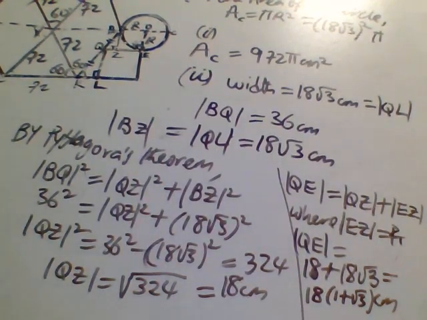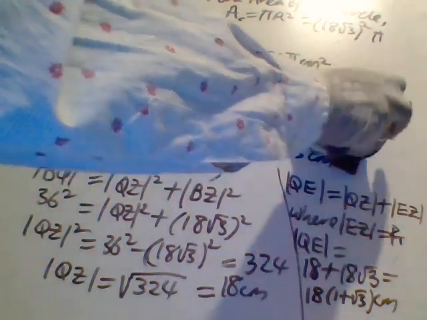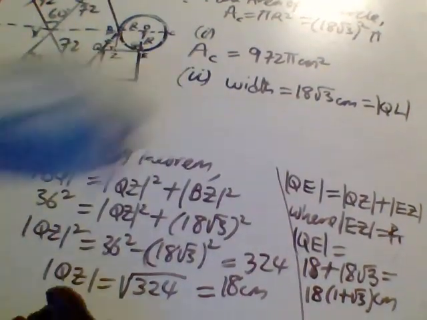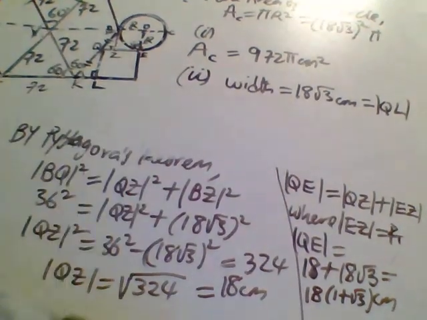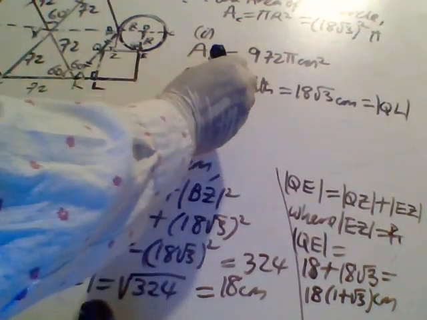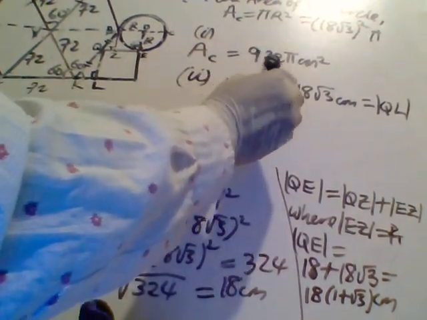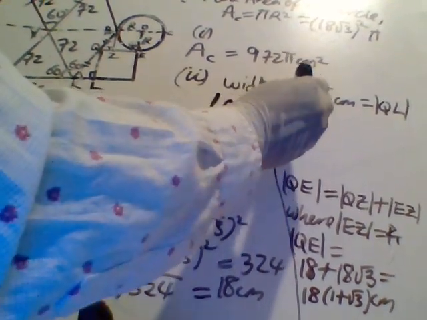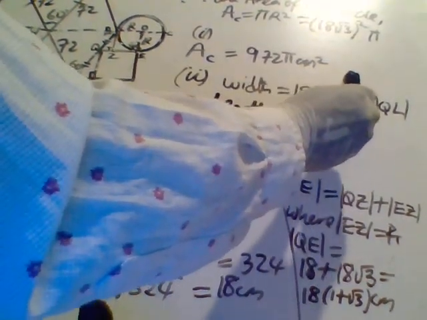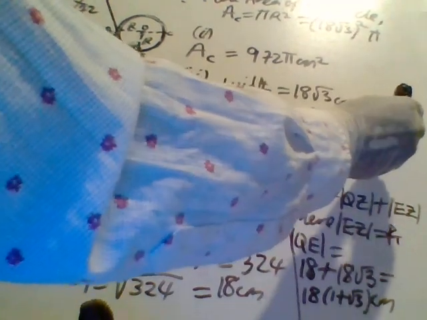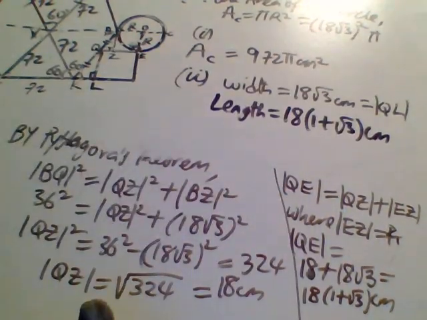That is the length of the rectangle. We have gotten the width, so let's write it here. The length is equal to 18 in bracket 1 plus √3 cm, and that is it.